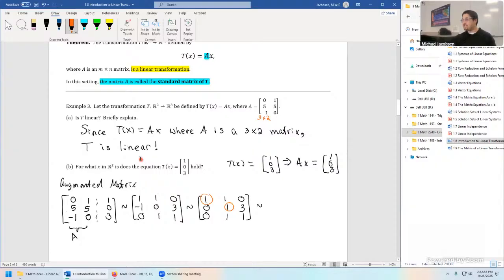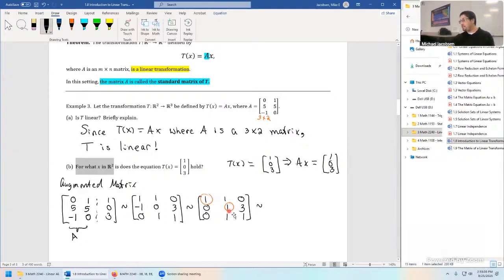the other reminder about this is it's asking for what x in R2. It's not asking if it's consistent or inconsistent. This is looking for a direct solution. However, if it's looking for a direct solution, you would want reduced row echelon form, right? But if you're looking ahead to the next step, it looks inconsistent. So let's just go for echelon form and show that it's inconsistent right there.